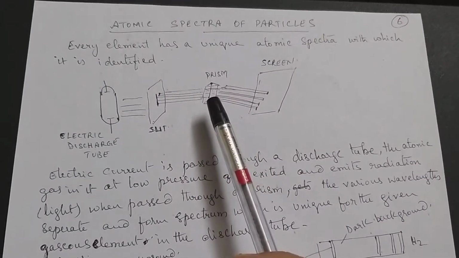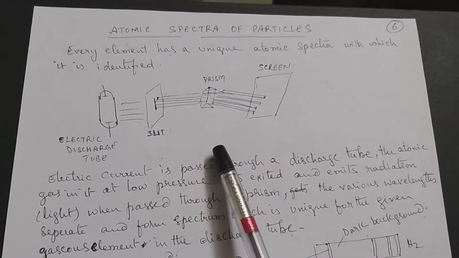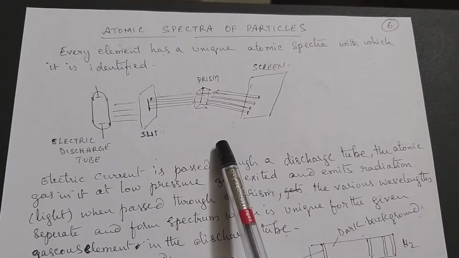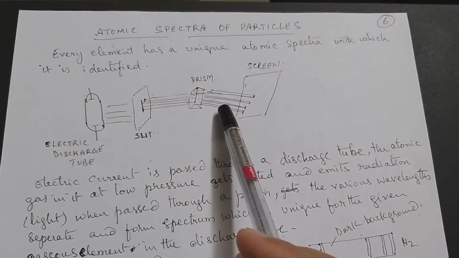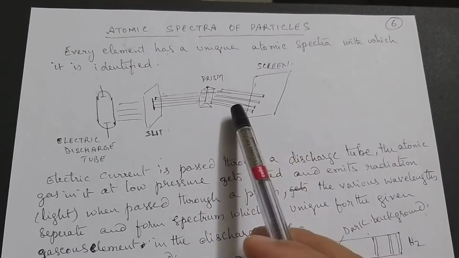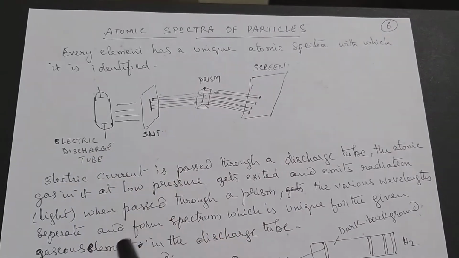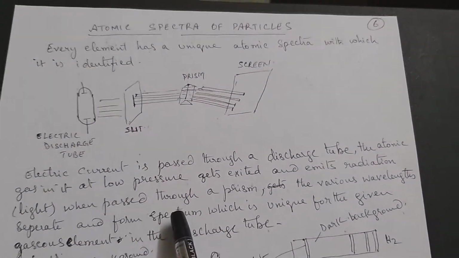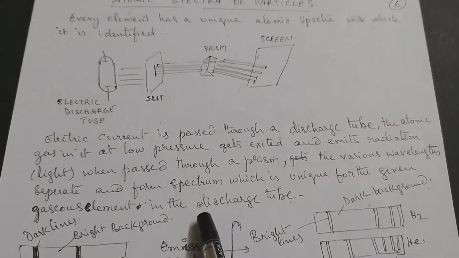A prism is an instrument in which the wavelengths are dispersed, because the bending angle is different for different colors, so they get separated. When they fall on the screen, they form an image of the slit. So that is about the discharge tube.